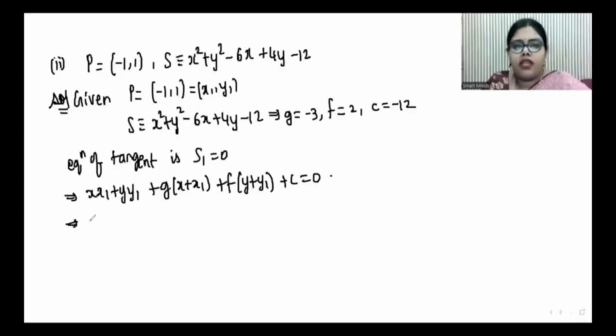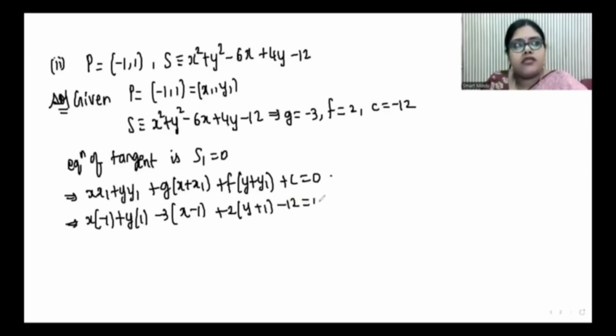Now substitute the values. x into -1 plus y into 1, minus 3 into (x - 1), plus 2 into (y + 1), minus 12 is equal to 0. So that is -x + y - 3x + 3 + 2y + 2 - 12 = 0.